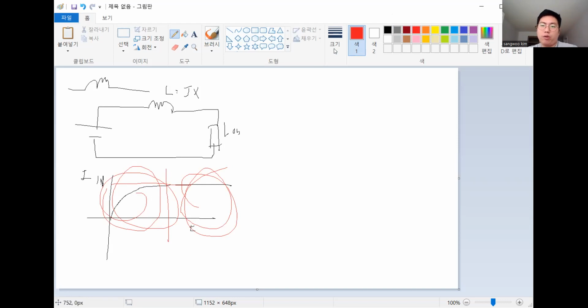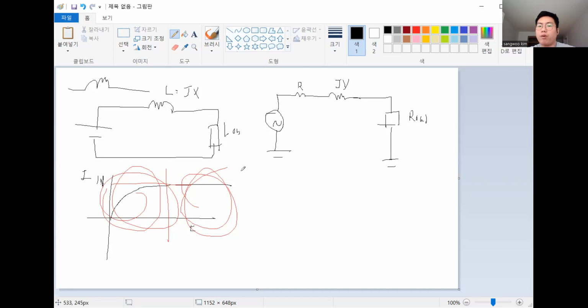So also, what happens in AC? Let's see the AC. First of all, I will simply draw the power system. This is a generator, this is R, this is jX, and this is the load.